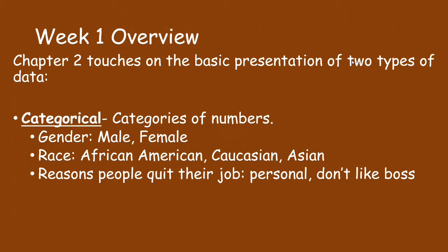How many female? If you do by race, there's African American, Caucasian, Asian, etc. How many of the people in a population or a particular data set belong in the Caucasian, the African American, the Asian grouping? And what about reasons people quit their job? How would the data look if it was categorized by personal reasons, don't like the boss, don't like the drive to work, whatever the case would be.